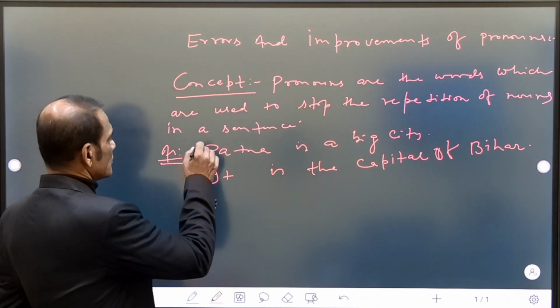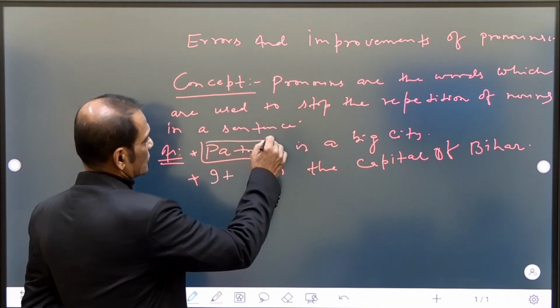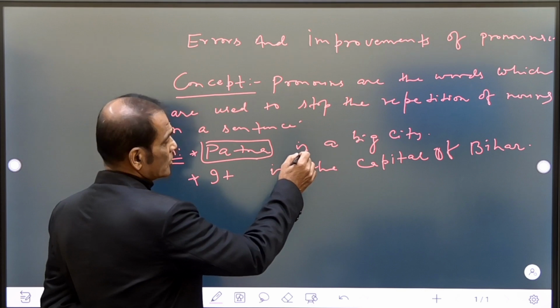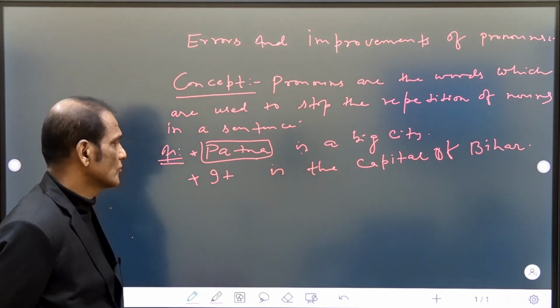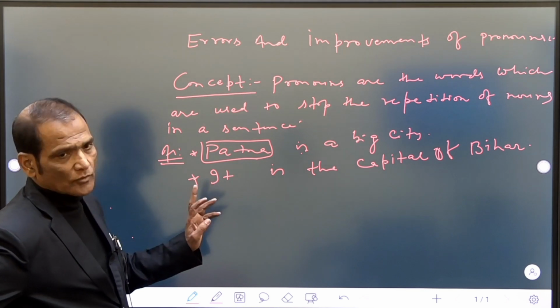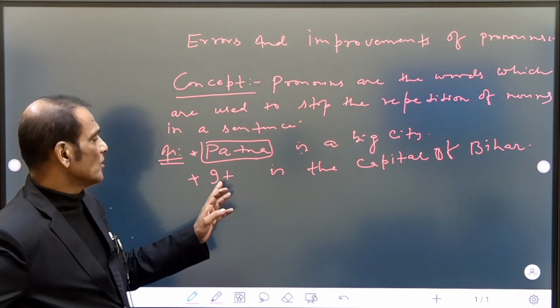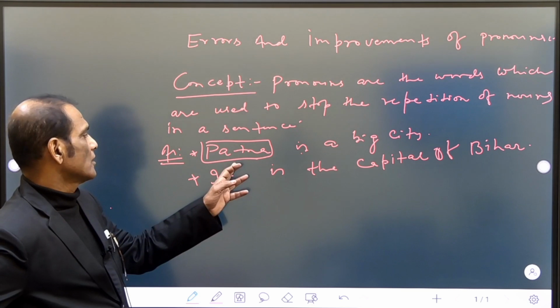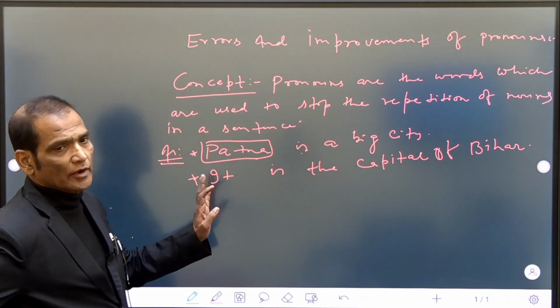Here Patna is a noun because Patna is the subject of the auxiliary verb is, and in this sentence I have used it so that Patna isn't repeated here. If we write Patna again here, it's an error.